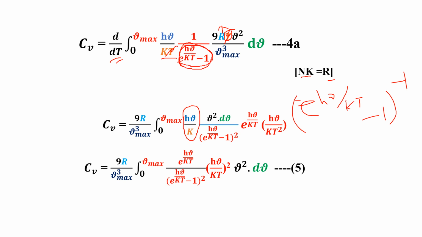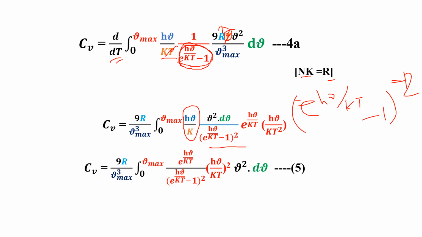As you have already used the formula n into x power n minus 1 in Einstein heat capacity of solids, you have to use the same formula here also. So when you are using it here, it will be converted into minus 2 after differentiation. When you bring this minus 2 to the denominator, it will be converted into plus 2. So power plus 2.